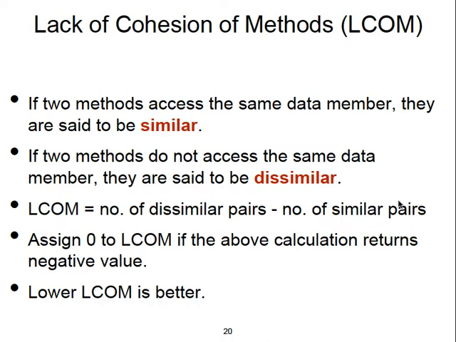That means the more pairs are similar, the better. More pairs dissimilar is worse. And sometimes the similar pair count is greater than the dissimilar count. When that happens, we assume 0 if the above equation gives us a negative.